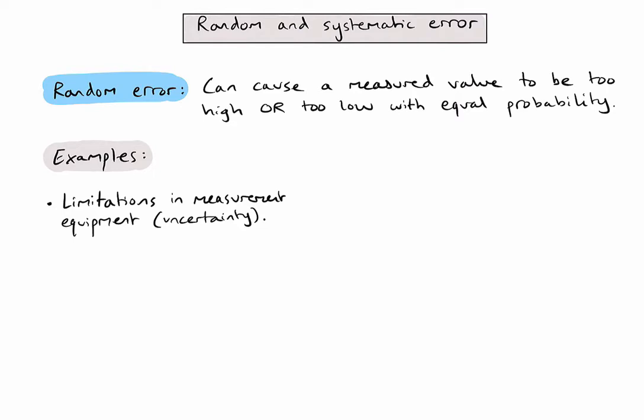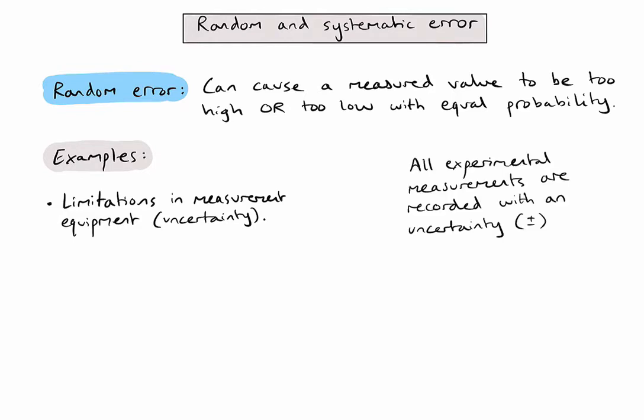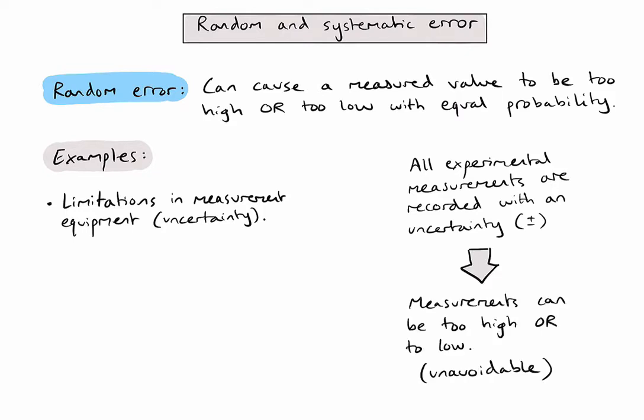Put simply, all experimental measurements we make are recorded with an uncertainty, or a plus or minus, to show a small range in which we are confident that our measured value falls. Given that uncertainty always has this plus or minus sign, the measurements could be too high or too low, and this is totally unavoidable given the precision in our equipment. The only thing we can do to reduce the range of uncertainty in our measurement is use more precise equipment.